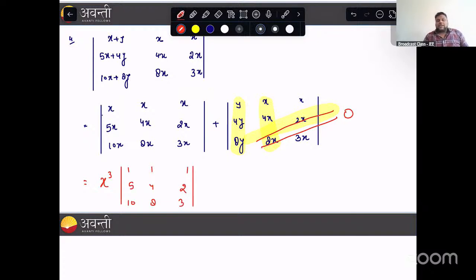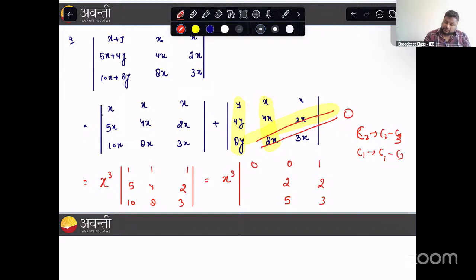Now it's completely your call how you want to solve it. Keeping x as it is, first of all, keep the third row as it is: 1, 2, 3. Write column 2 as column 2 minus column 1. It will become 0, 2, 5. Then column 2 minus column 3, and column 1 I'm writing as column 1 minus column 3. So it will be 0, 3, 7.